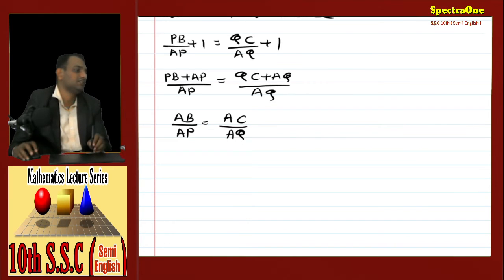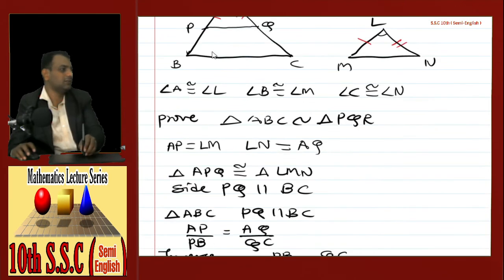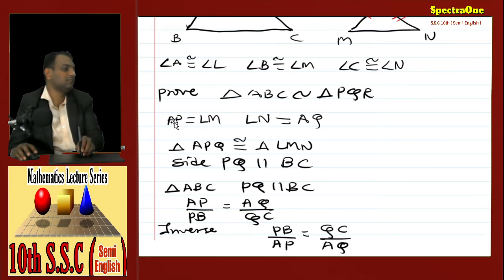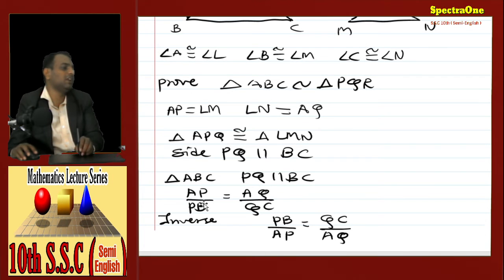But we know that AP equal to LM and AQ equal to LN.